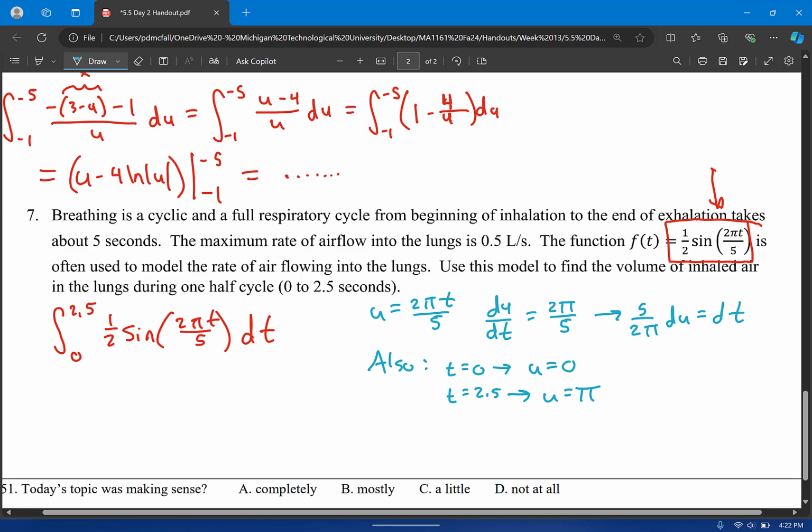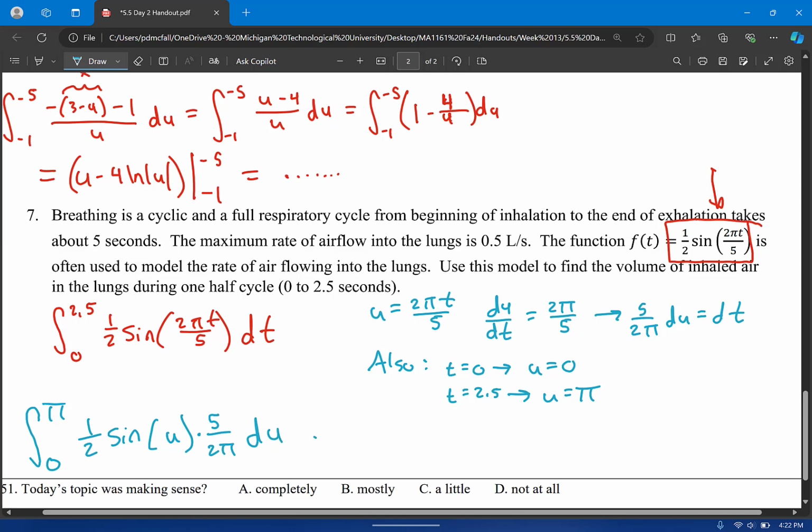So you can rewrite this integral as the integral from 0 to pi, instead of 0 to 2.5, since we're writing in terms of u. 1/2 sine of u, since the inner stuff we let equal u, and dt is equal to 5 over 2 pi du.